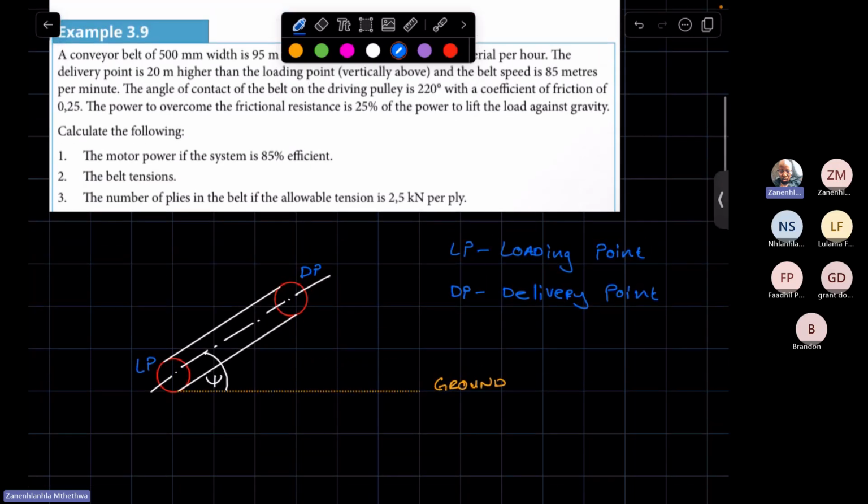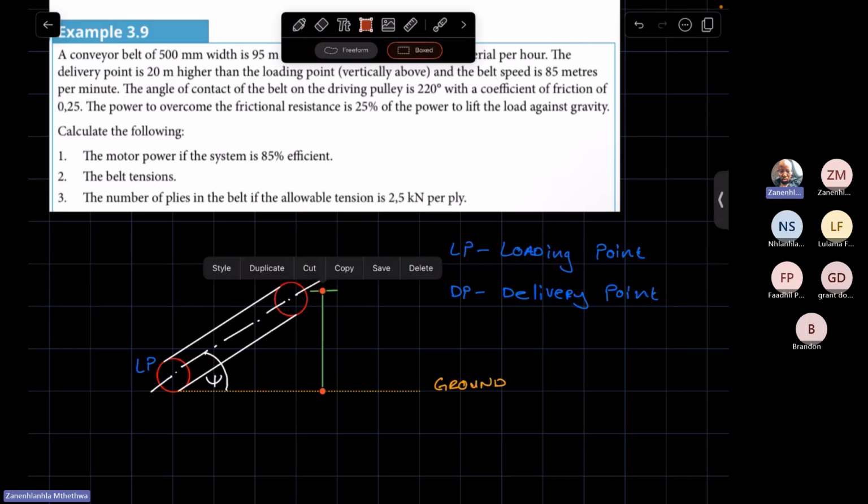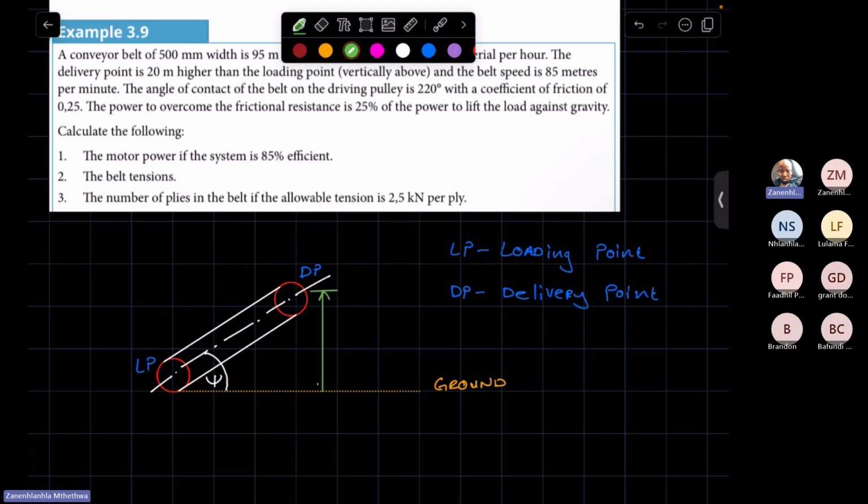Now, obviously the delivery point is at some height from the ground, and that height is essential in calculating the power to overcome gravity.